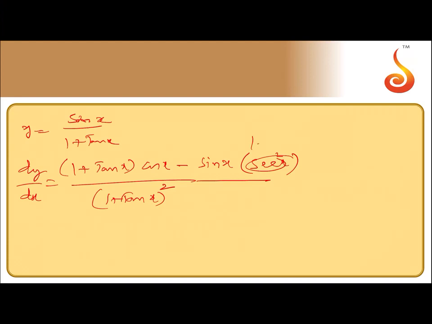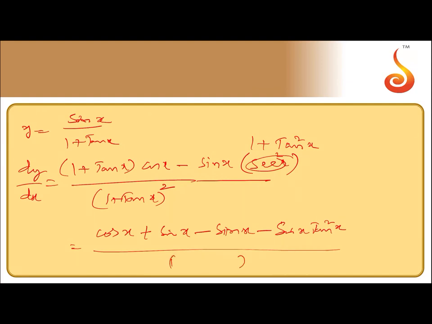And secant square x can be replaced by 1 plus tan square x. When you simplify this, it is cos x plus sin x minus sin x minus sin x into tan square x. Sin x multiplied by tan square x, and divided by 1 plus tan x taken whole square.